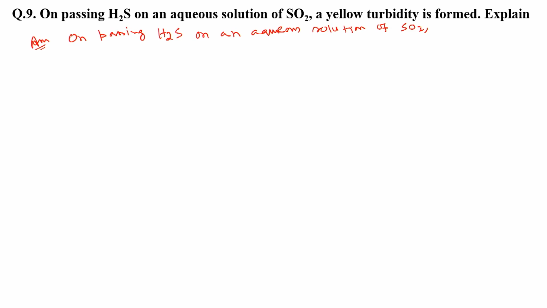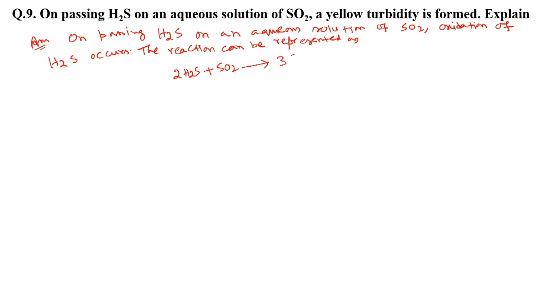We did discuss in the class, oxidation of H2S occurs. The reaction can be represented as 2H2S plus SO2 gives 3S plus 2H2O.